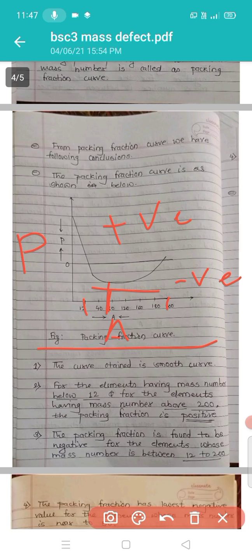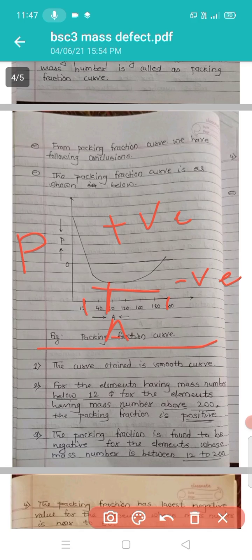The more negative the packing fraction, the greater is the stability. This is an important part.